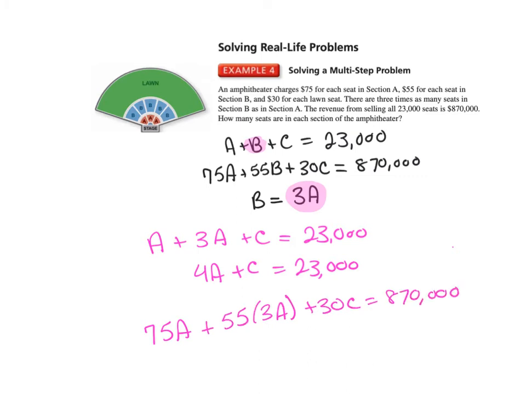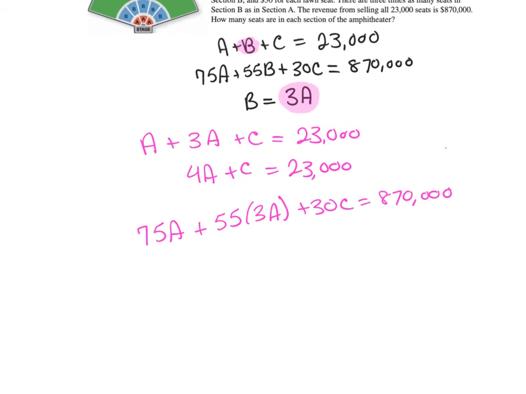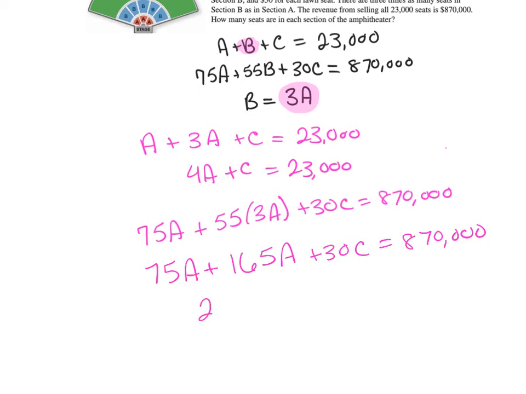So we're going to simplify. 75A plus 165A plus 30C is equal to 870,000. Add like terms, we get 240A plus 30C is equal to 870,000.